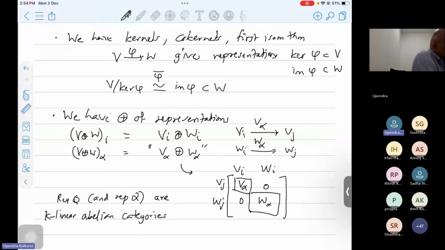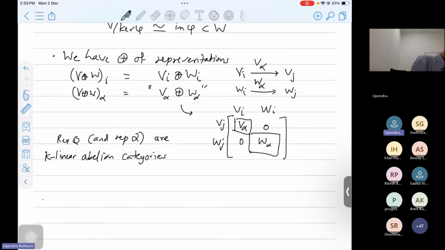If we can, then I can say, okay, this is built up in a very simple way from two smaller things. And now I can keep going smaller and smaller until I cannot break up further. So the building blocks in this type of thinking are called indecomposable representations, or for rings, indecomposable modules, modules that cannot be written as a direct sum of two proper submodules. So this is going to be a key question for us.